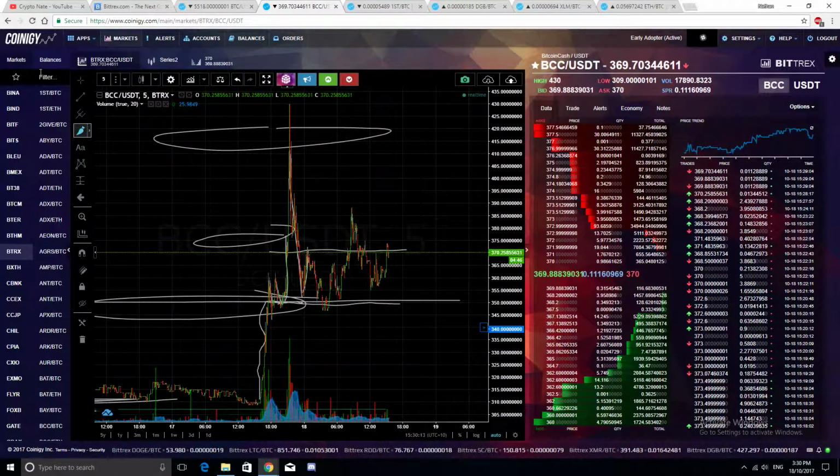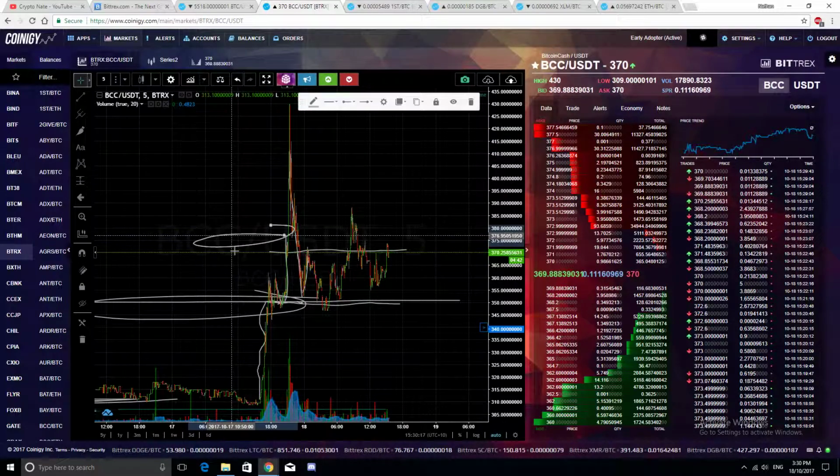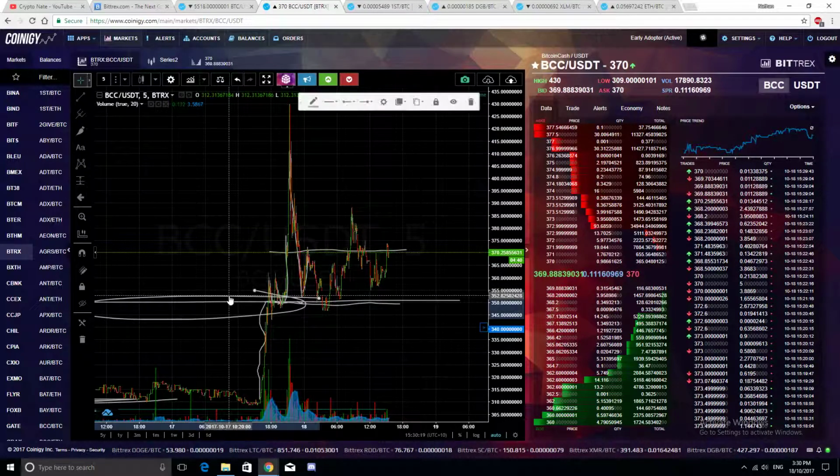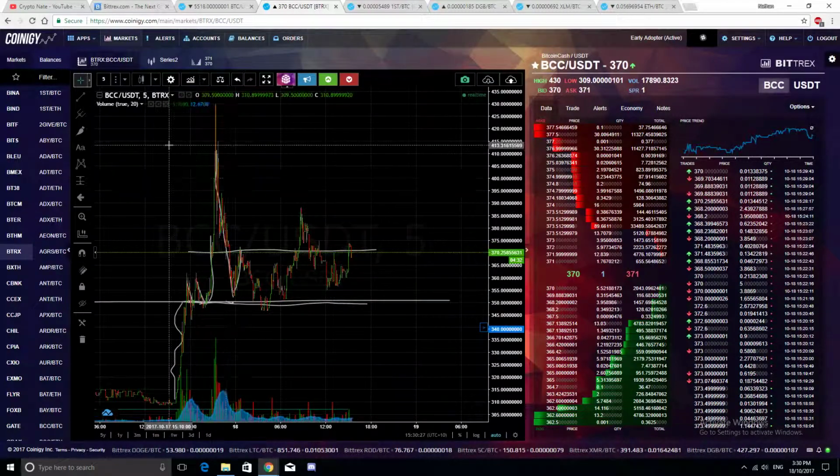My drawings obviously tend to mess up if I zoom in. Yeah, and seeing this nice little range over the last 24 hours, you can get involved and make some nice profits along the way.